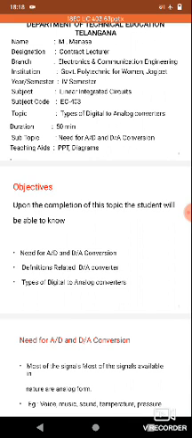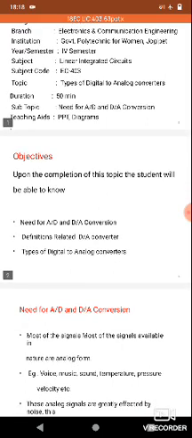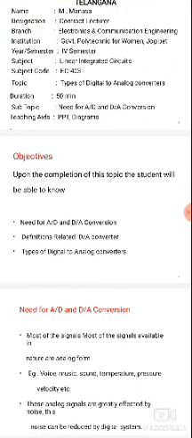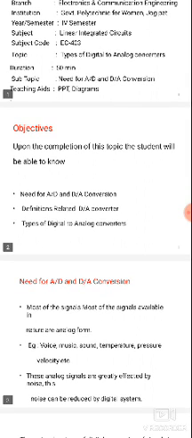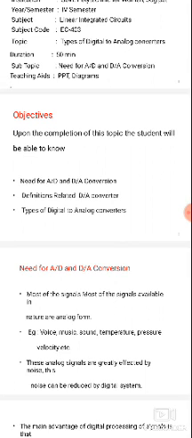First, analog signal. Analog means it is continuous. The amplitude of the signal will continuously vary with time. So the amplitude will be continuously changing with respect to time. Analog signal is the basic type of communication system, but the main disadvantage in analog signals is noise.